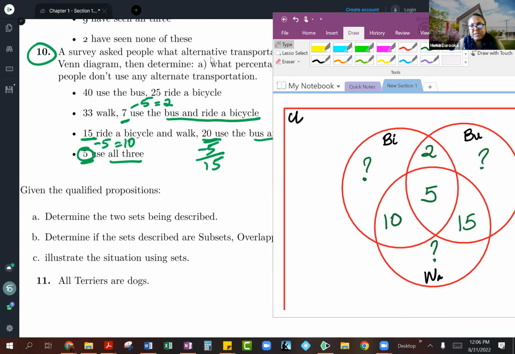Okay, Sabrina, let me see. So the 33 is for walking. Yeah, that looks good for walking. So walking, what did your number come out to be? Okay, Destiny, I see that. Yeah, Sabrina, very good.